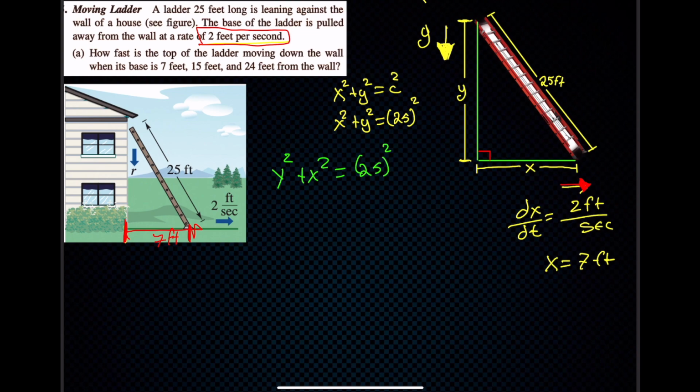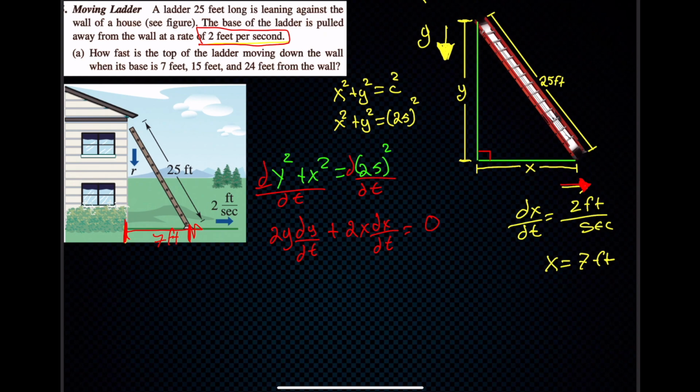Now let's take the derivative of all of this with respect to time. We need to take the derivative of the left side and right hand side. So this is equal to 2y dy/dt plus 2x dx/dt, which is equal to 0 because that's a constant.